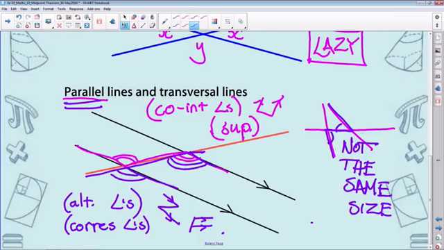And lastly, we have a co-interior angle. Look, it looks like it's on the inside, which means that this plus that equals 180. Okay, let's go to the next page and see what else we need to revise.